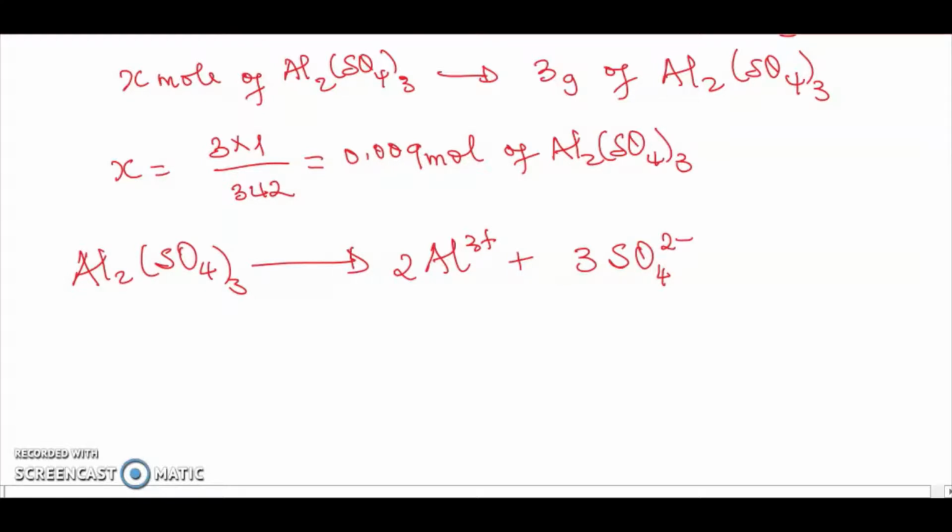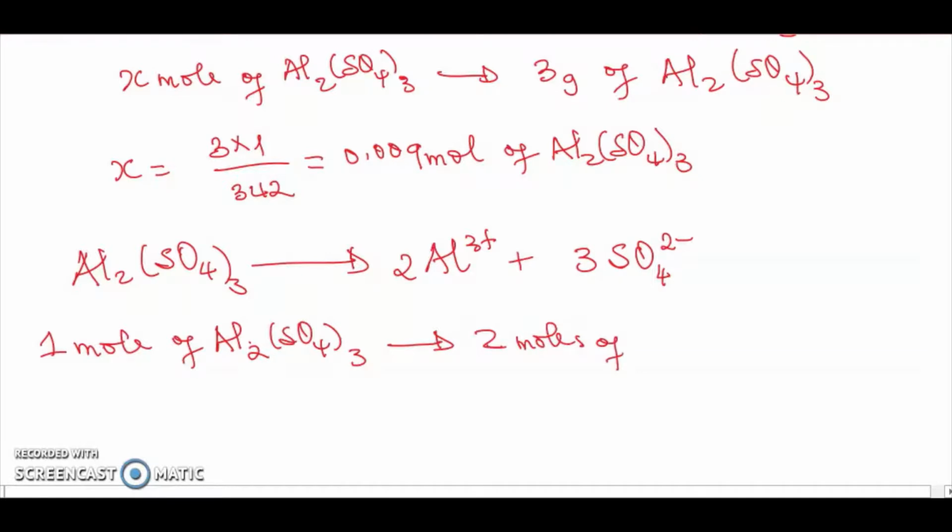So we can see the mole ratio of aluminum sulfate to aluminum ions. For every 1 mole of aluminum sulfate, we have 2 moles of aluminum ion. So we can therefore conveniently say that 1 mole of aluminum sulfate contains 2 moles of aluminium ion.